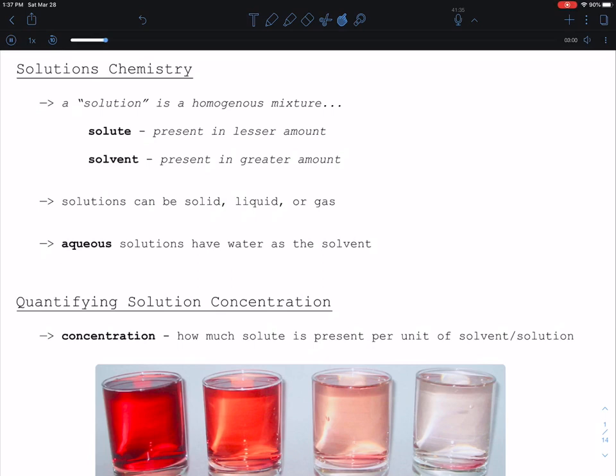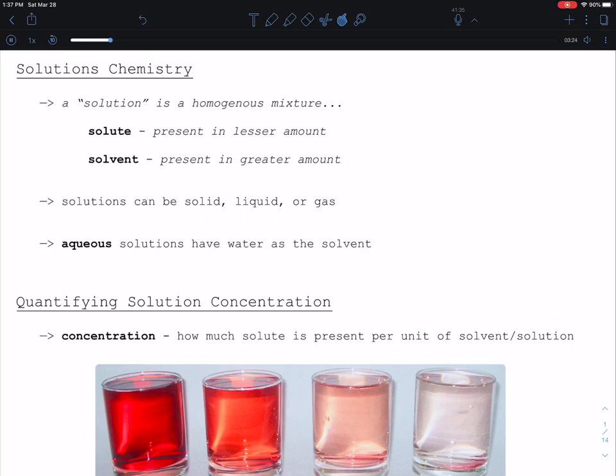You can have a solid solution. So if you went to the dentist in the 70s and the 80s, like I did, and got what we called mercury amalgam fillings stuck into your teeth, that's a solid, right? And it's a solution of a bunch of different solids. So dental fillings were mostly mercury.